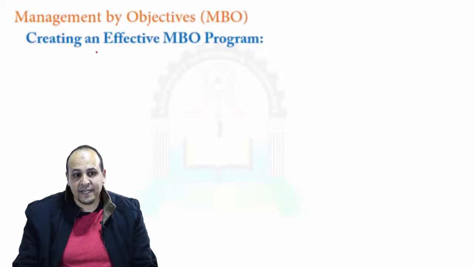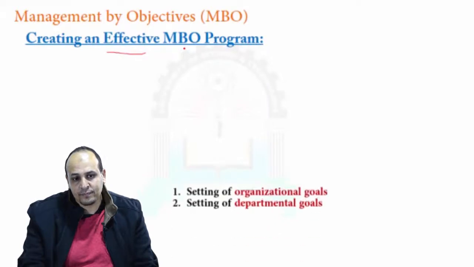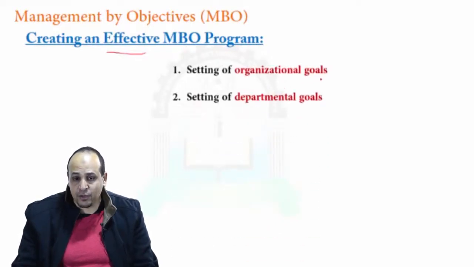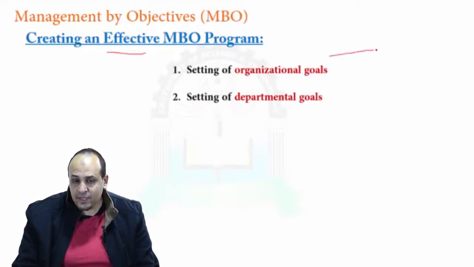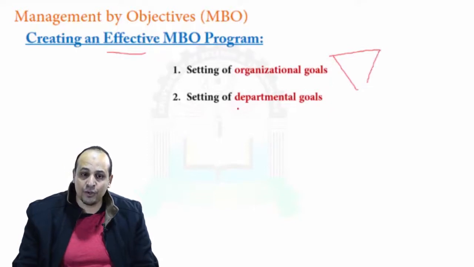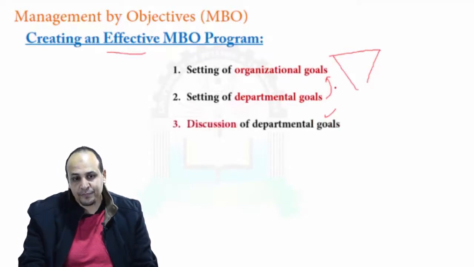Now here, creating an effective management by objectives program. Setting of the organizational goals is number 1. This is quite comprehensive, and then as we drop down, these goals should be translated into departmental goals. So that would be a link between both of them. As we achieve this one, we're actually on the way to achieving the organizational goals.